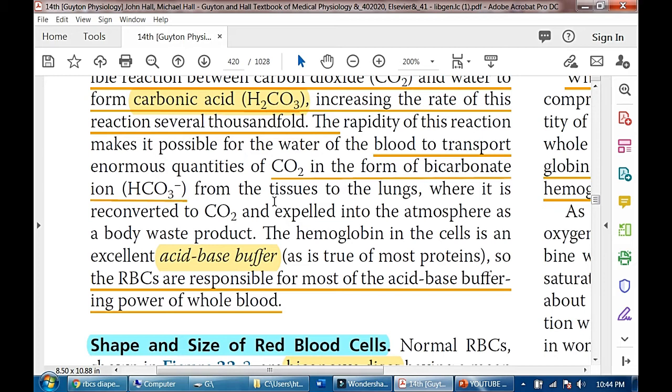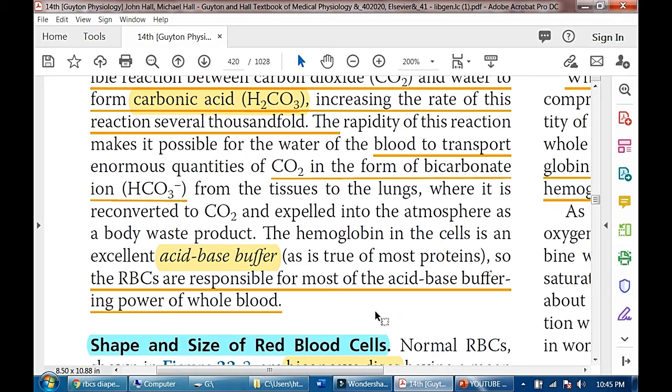First of all, carbon dioxide and water combine and form carbonic acid, which then breaks down into bicarbonate ion, and indirectly carbon dioxide is transported with the help of blood in the form of bicarbonate ion from the tissues to the lungs, where it is reconverted to carbon dioxide again.